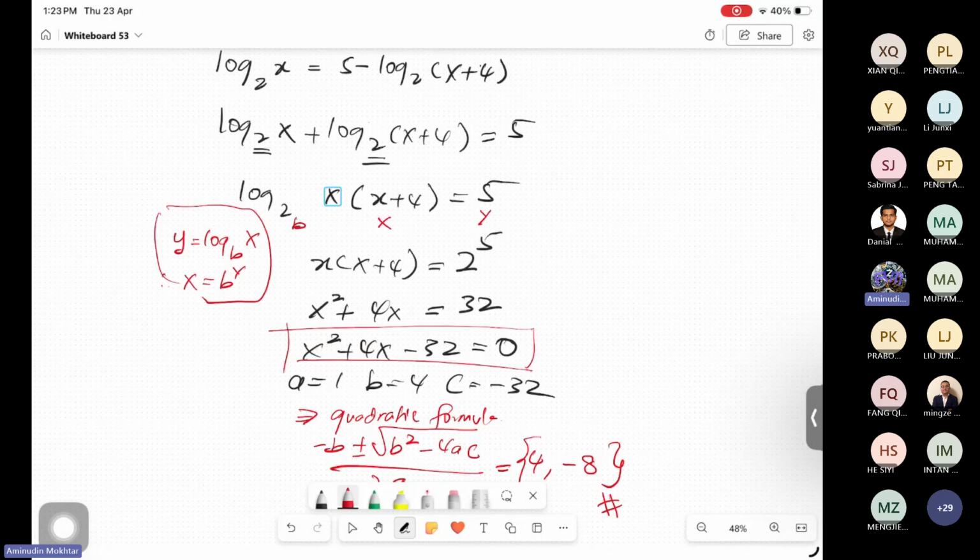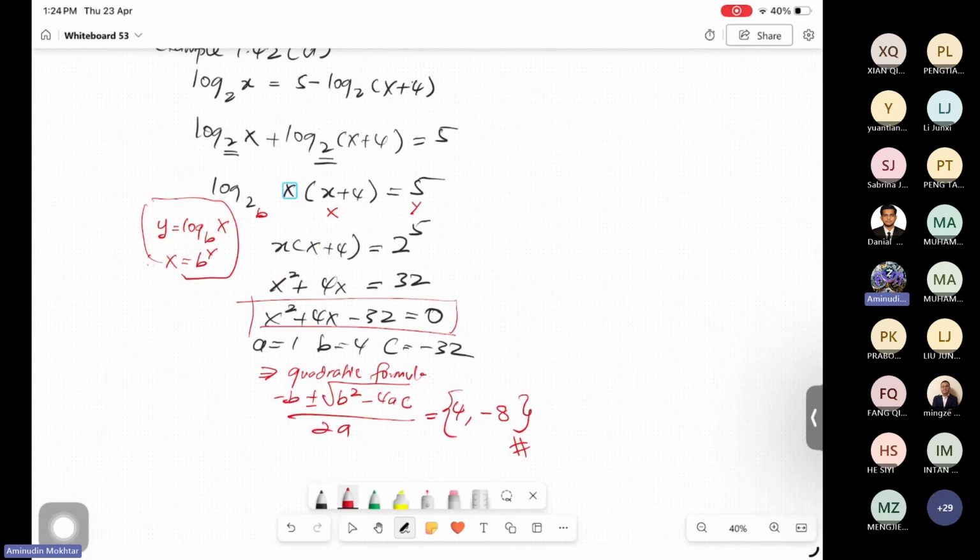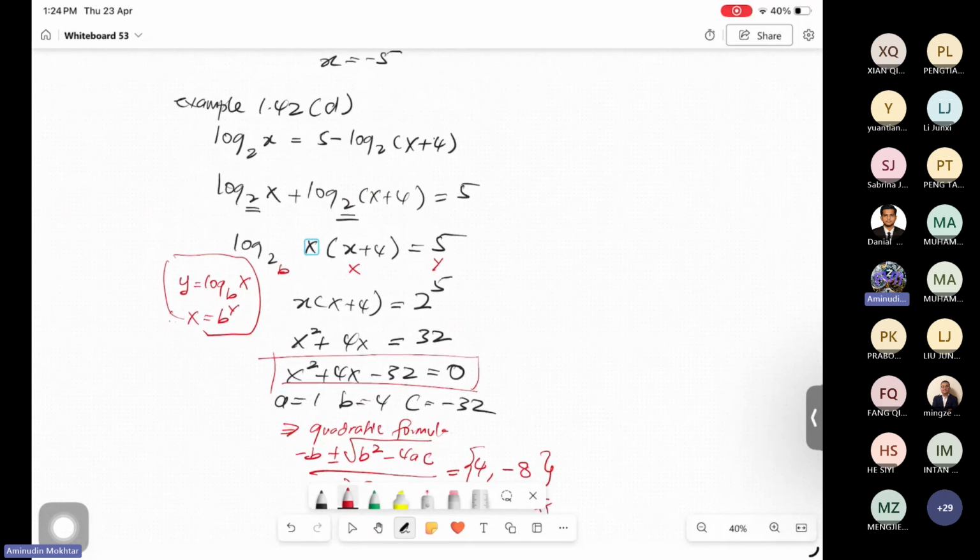Let's say we have one question, but in order to find x or y, sometimes we need to apply other concepts, for example quadratic or linear, to find the value of x. That's why you must be careful when you want to solve any question.